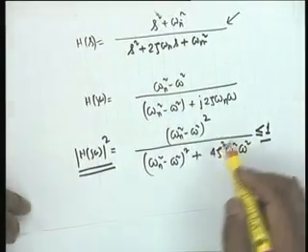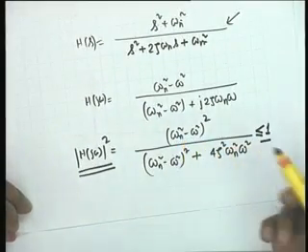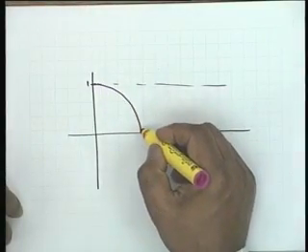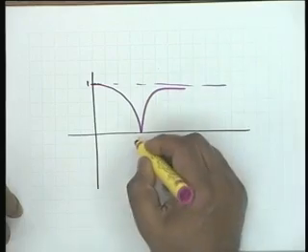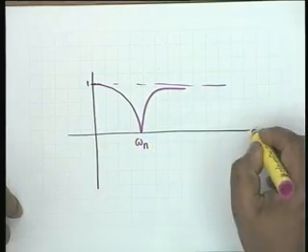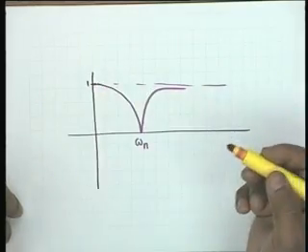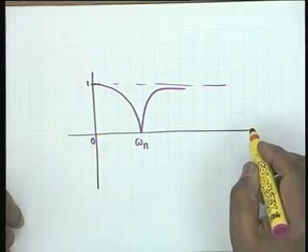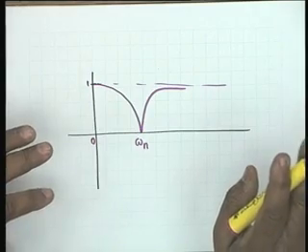Also it is obvious that at omega equal to omega n the value is 0. So the minimum value is 0 at omega equal to omega n, and the maximum value is 1 occurring at 0 as well as at infinity. Okay, this is the magnitude plot.